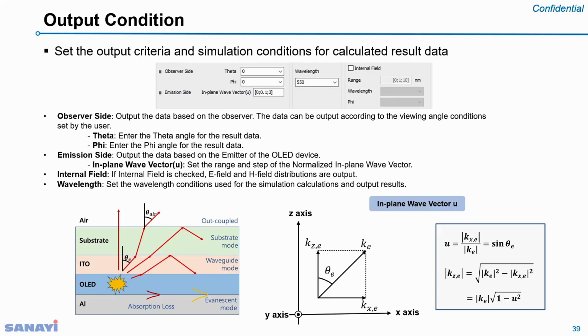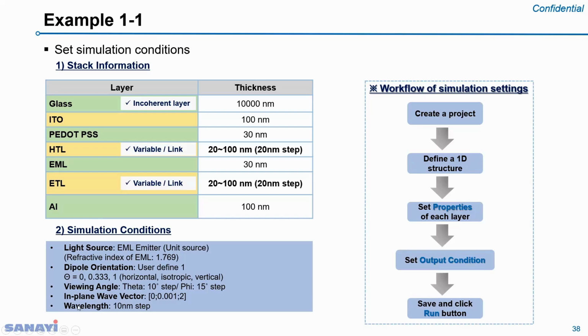In this example, we will check the dissipated power UKE graph. So for the in-plane wave vector condition, I will change like this.